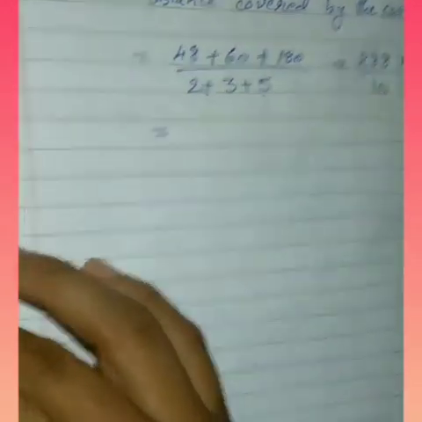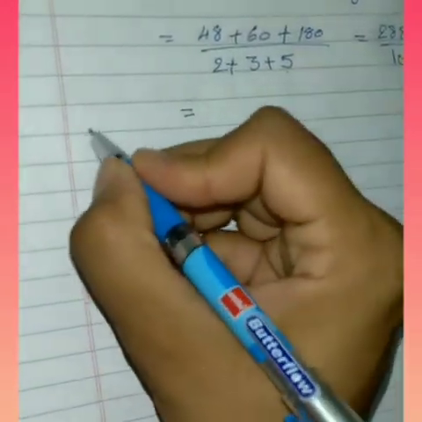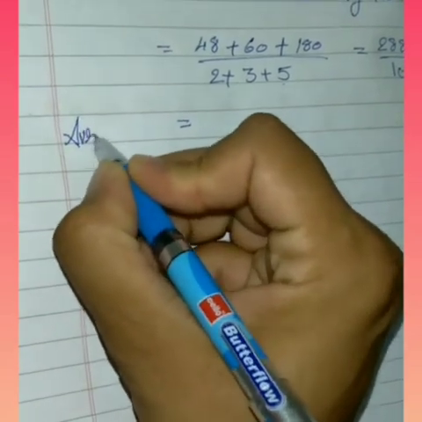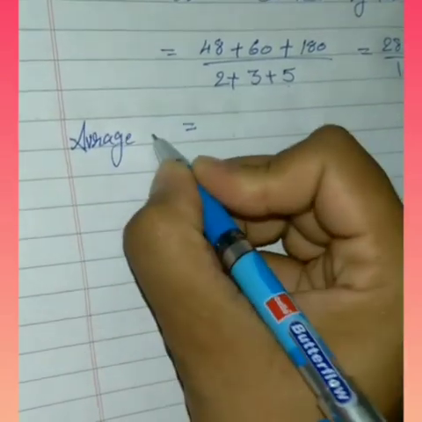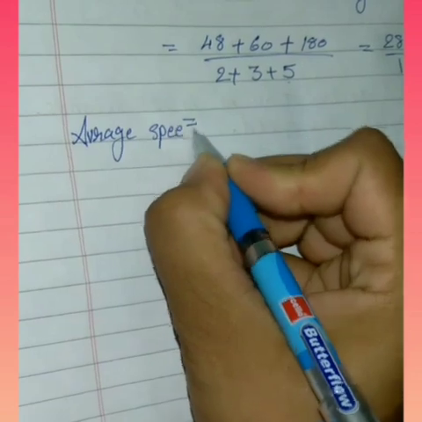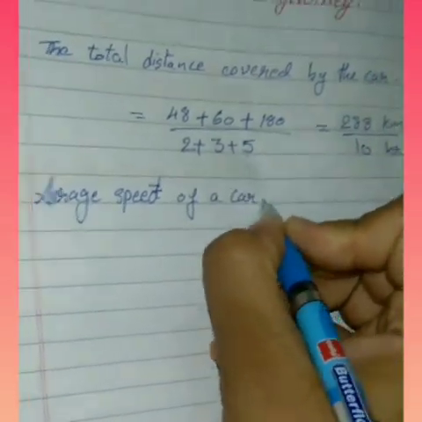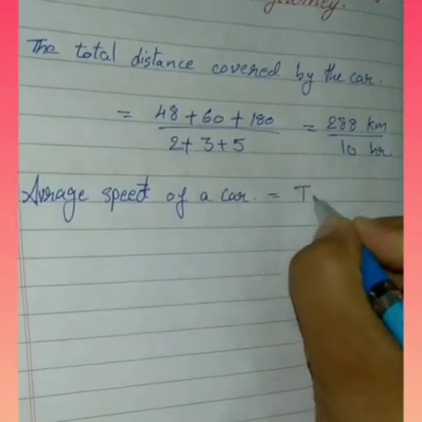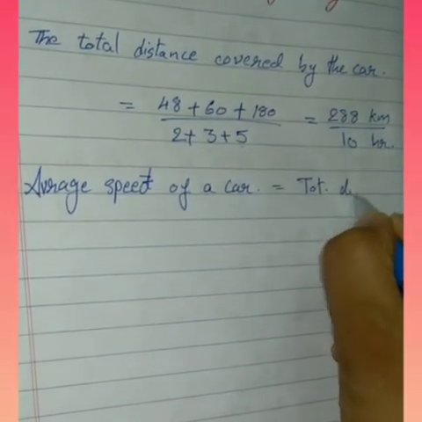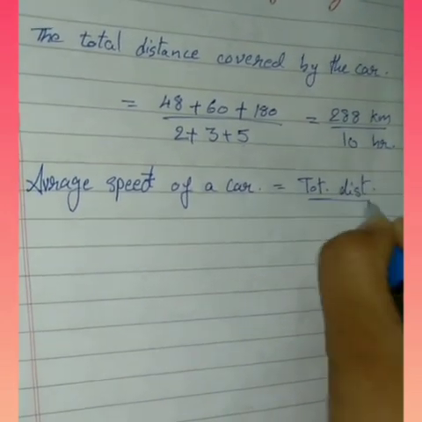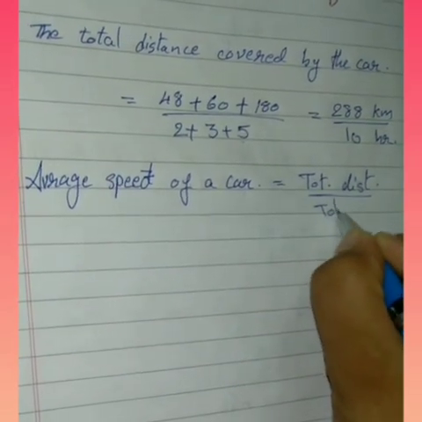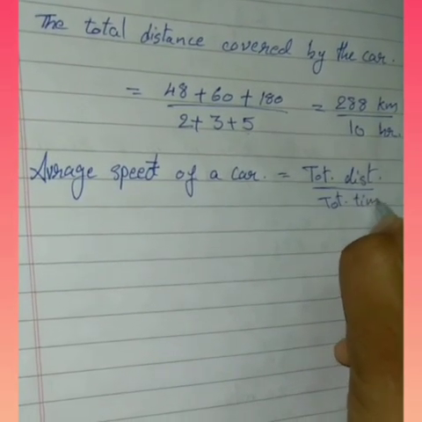So, our formula for average speed of a car is total distance by total time.